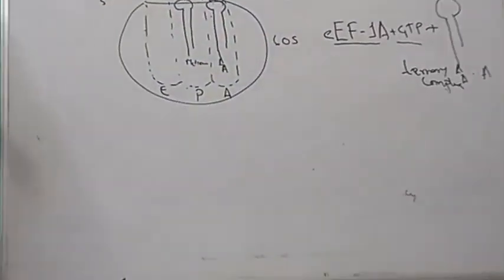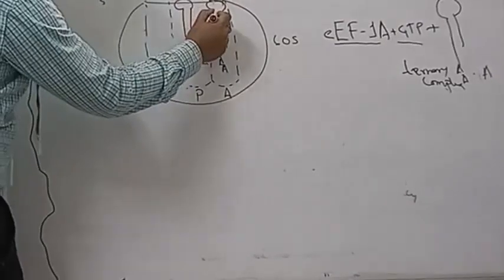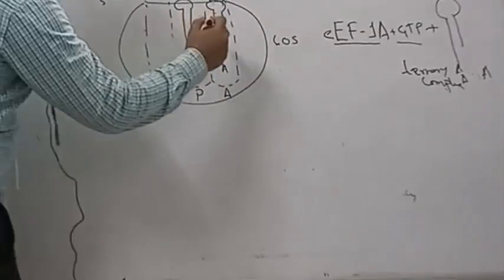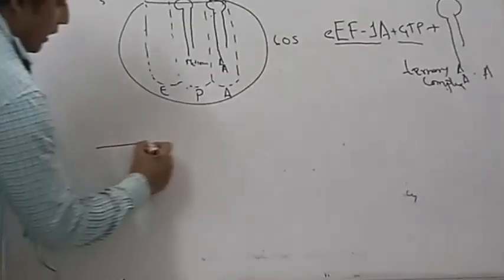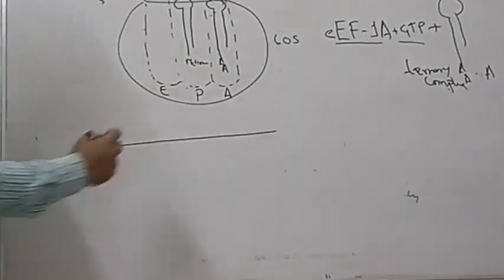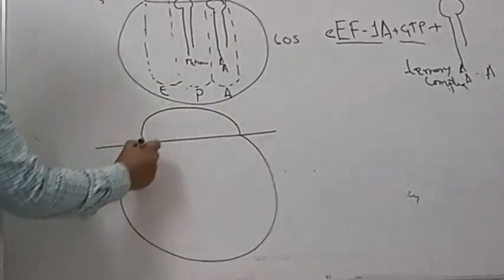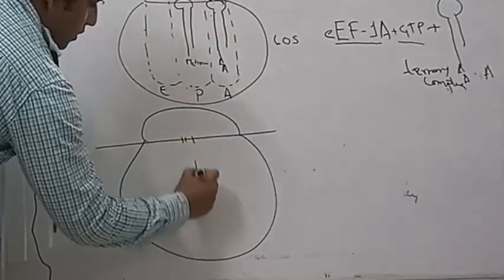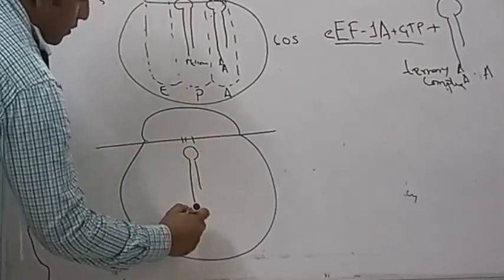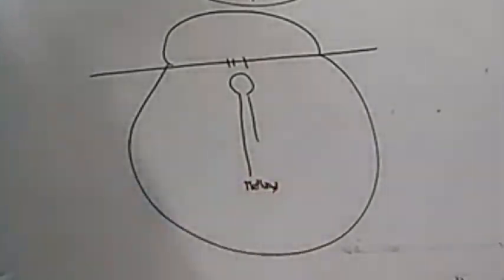Now let us see what happens. The binding is over, so we have to form the bond. This particular area, I am zooming in on it, making it a big circle. This was my methionine tRNA.